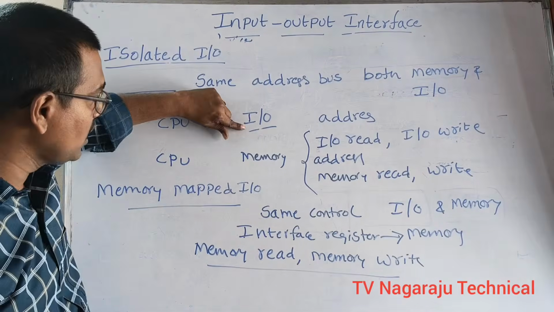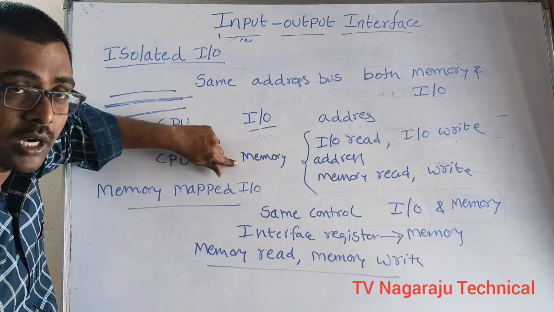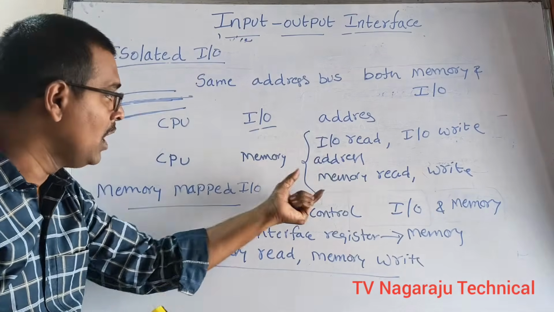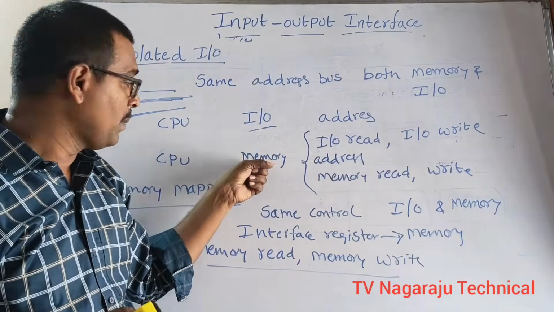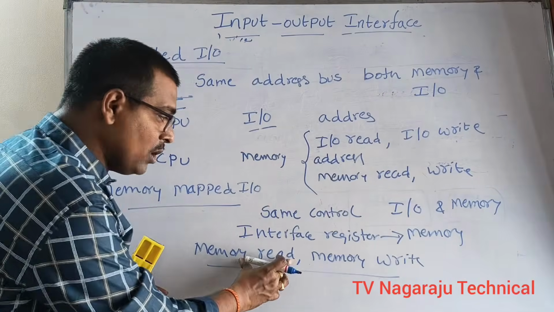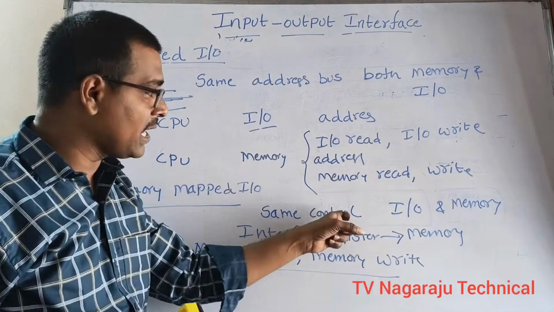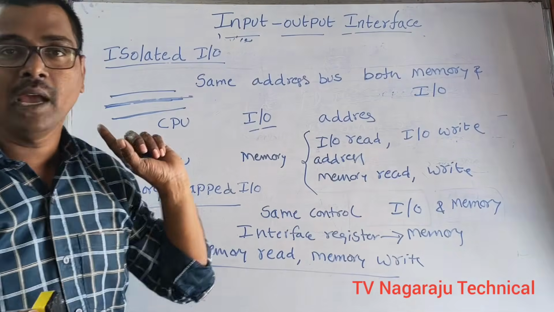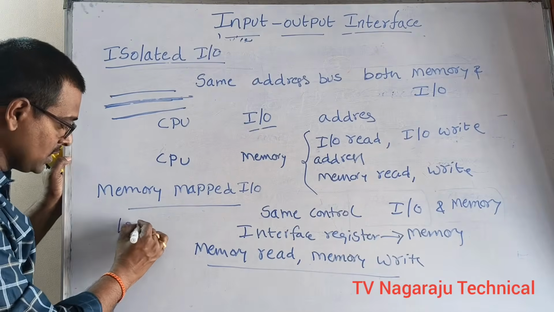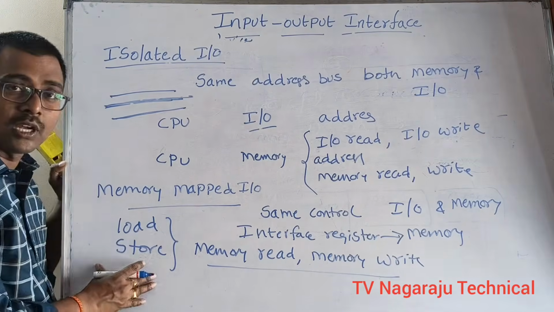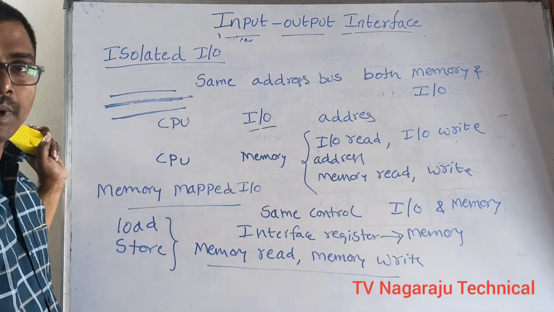In the previous case they used IO read, IO write for IO, and memory read, memory write for memory. But in this case only memory read and memory write operations are used for both IO and memory operations. The advantage is that by using single load and store instructions, we can do all the operations.